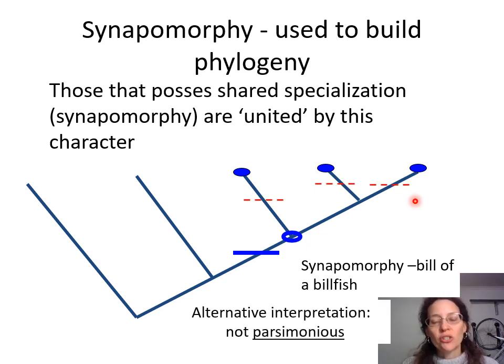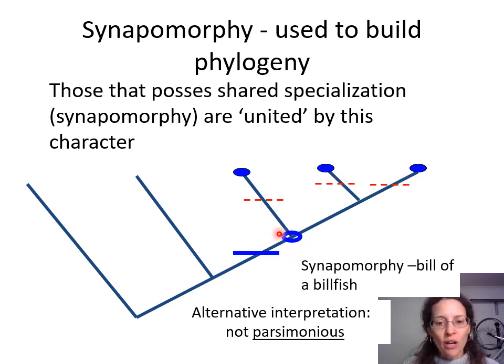The alternative interpretation, saying that you've got this one and this one and this one, but you don't have this character at the start, is considered to be not parsimonious. So when it comes to developing one of these phylogenies, you want to be parsimonious. That just basically means it's the fewest steps to get to that. So the thought is, it's not like we evolved the bill 3 distinct times.